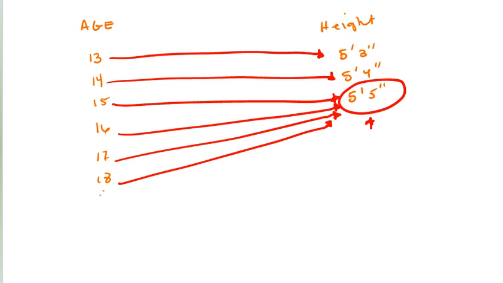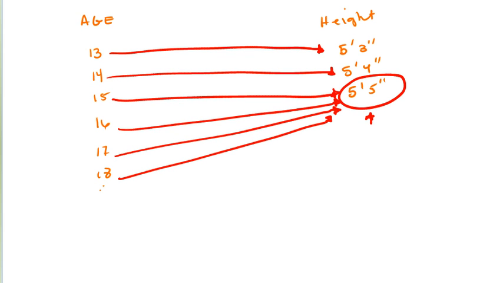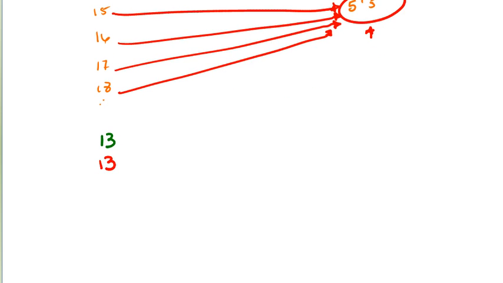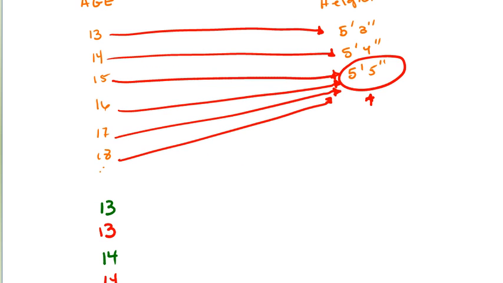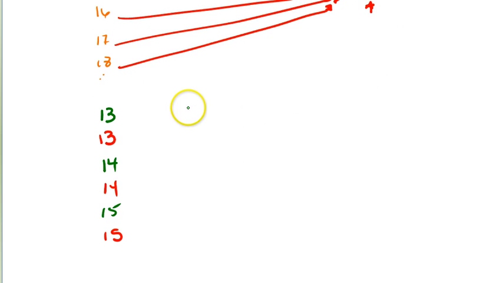When it's not a function is this kind of example. Let's say that I list my age and Mrs. Fiedler's age. So I'll be in green and Mrs. Fiedler will be in red. Now let's say that at age 13, let's see, what did I say up here? I was 5'3".